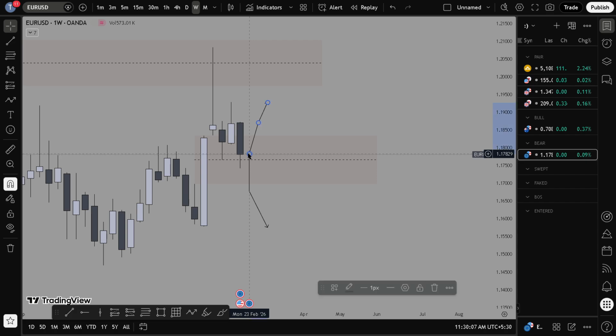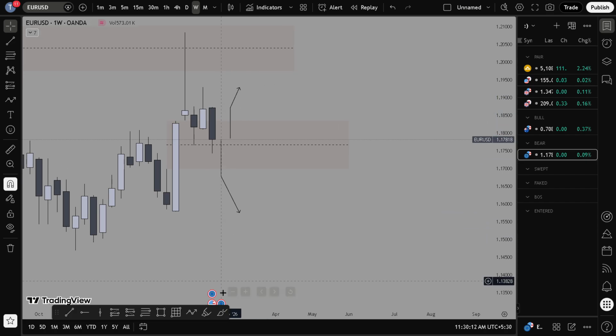What's possibility three? We might directly go up and sweep this and even go higher. That's possibility three. What's possibility four?